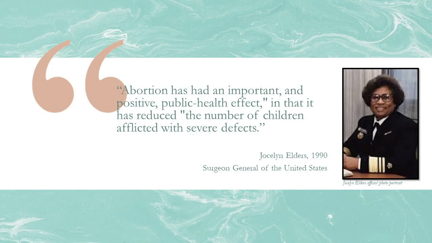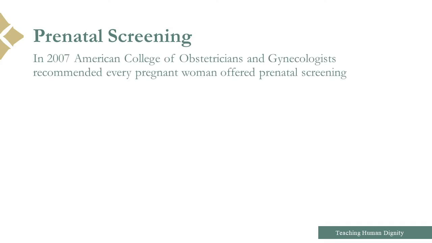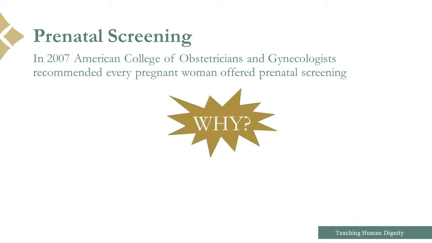It is seen most clearly, I think, in the policies themselves, in the widespread offer of prenatal screening to all pregnant women. In 2007, the American College of Obstetricians and Gynecologists recommended that every single pregnant woman be offered prenatal screening.